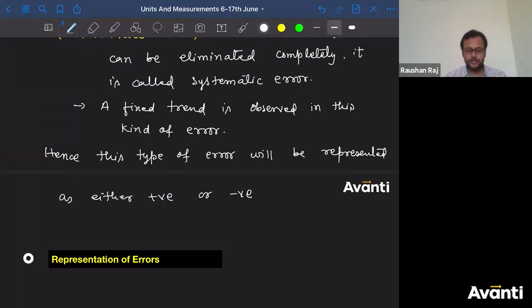Okay? So you'll get either positive error or you'll get negative error. Both the errors will not be there. You will know whether, because of the source of error, you are going to get the error as positive or negative. It cannot go like this. Okay, first time I got positive, second time it will be negative.